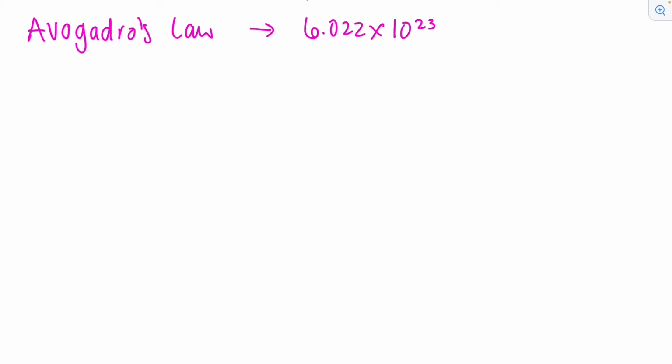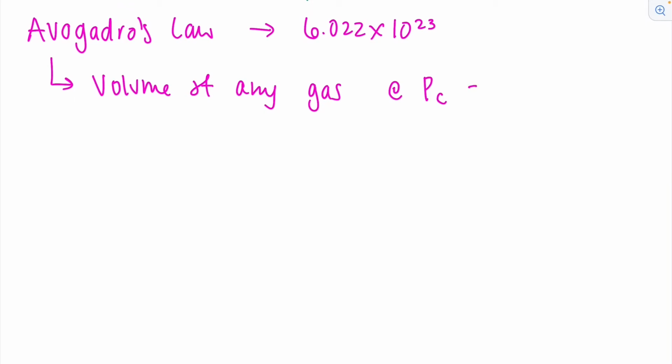There's one more law I'd like to talk about, Avogadro's law. Hopefully this name looks familiar to you. Based on Avogadro's work, we have Avogadro's number. And this number was actually derived from his discoveries of this next law. And what he found was that the volume of any gas at a constant pressure and temperature, so pressure constant and temperature constant, contains the same number of molecules.